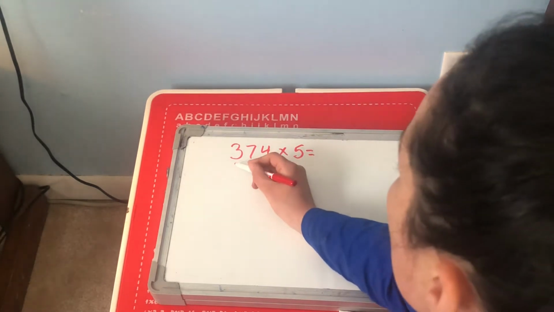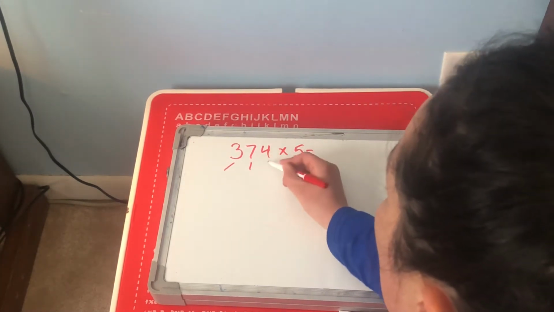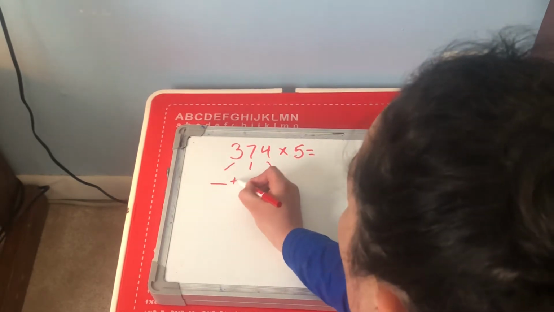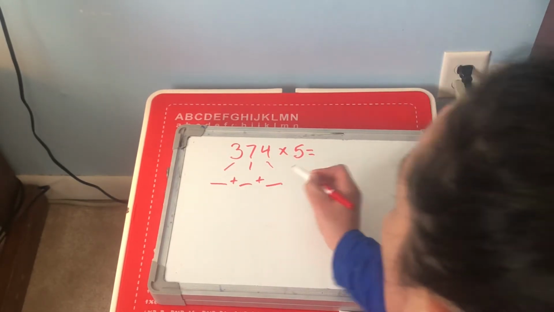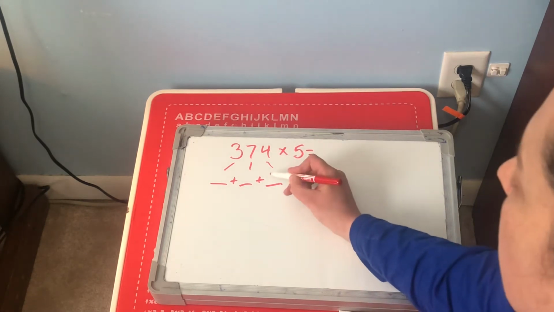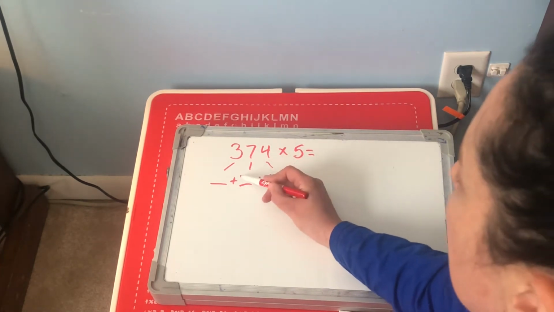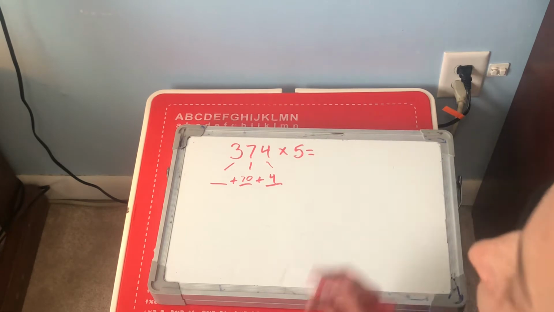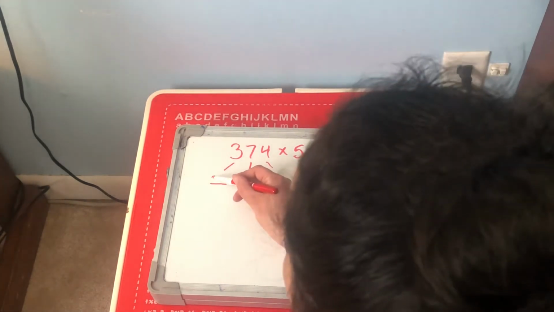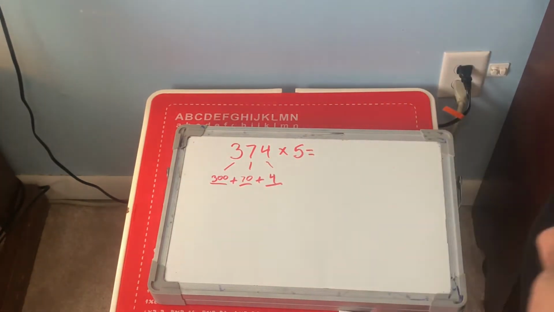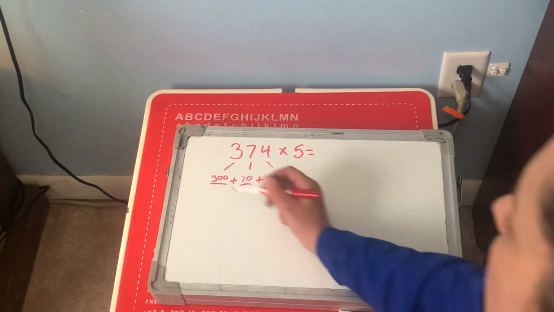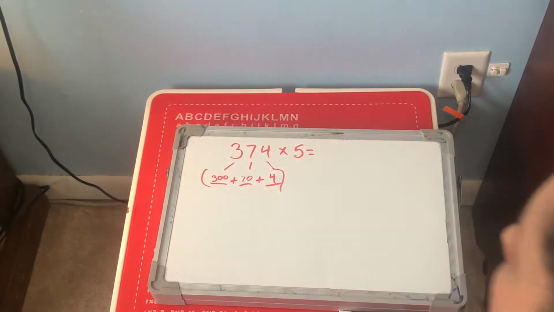Okay? My 3, my 7, and my 4, I need to break it up and tell the value. So my 4 is worth 4, my 7 is worth 70, and my 3 is worth 300. Now instead of only multiplying 2 digits by 1, it's just 3 digits by 1.